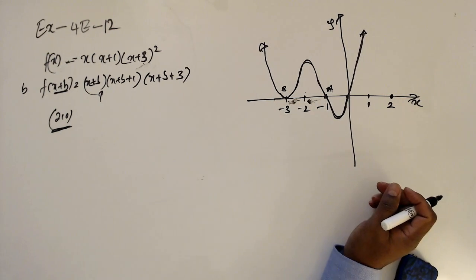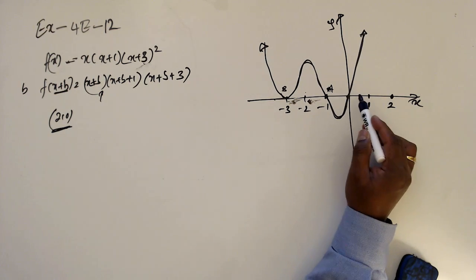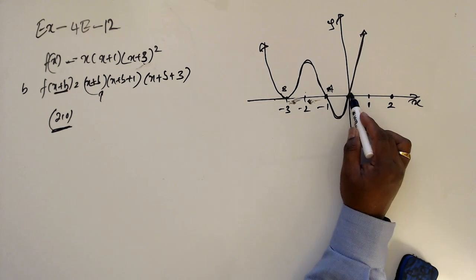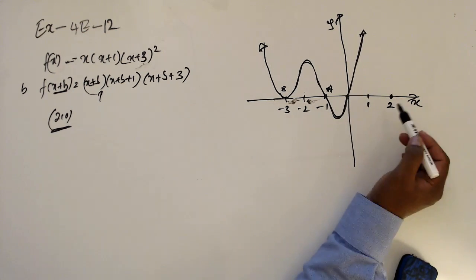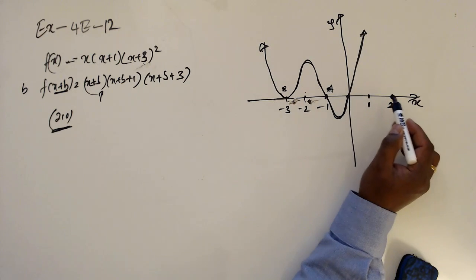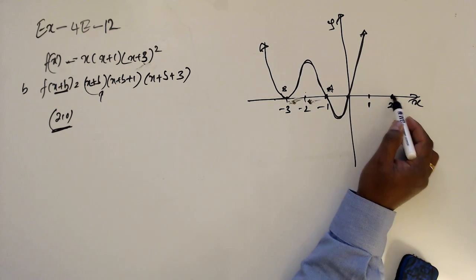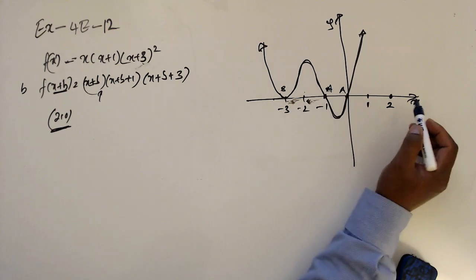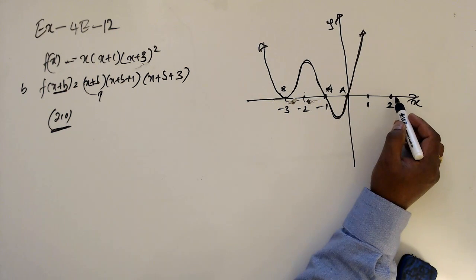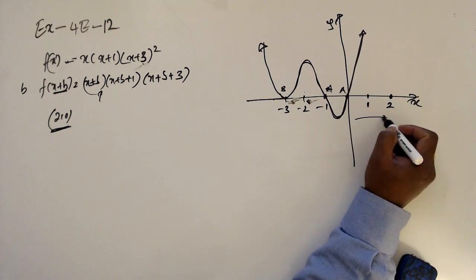Now we have a few options. I need the new curve to go through (2, 0). It means I need to shift this one 2 units to the right. Then this curve, if I shift it 2 units to the right, goes through 0.